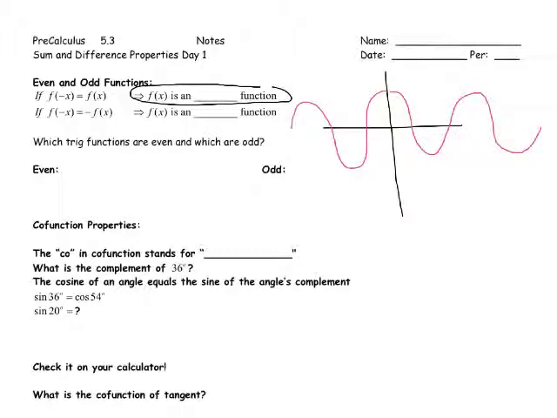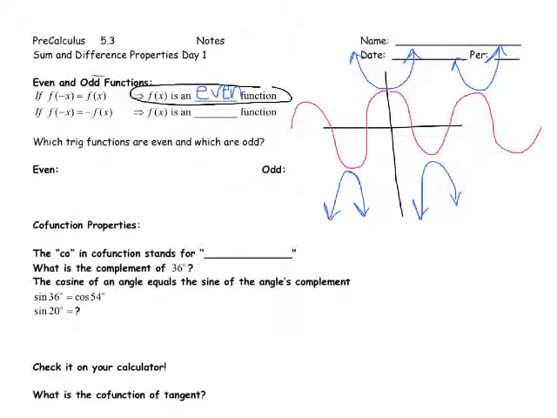And if cosine is symmetric about the y-axis, then so is secant, because secant was the U's that go on top of the cosine graph. So even functions means it's symmetric about the y-axis.